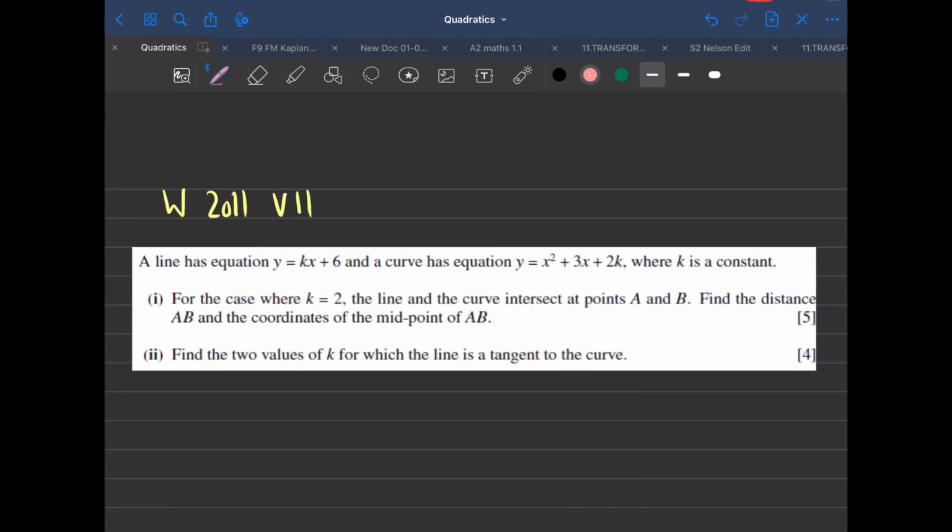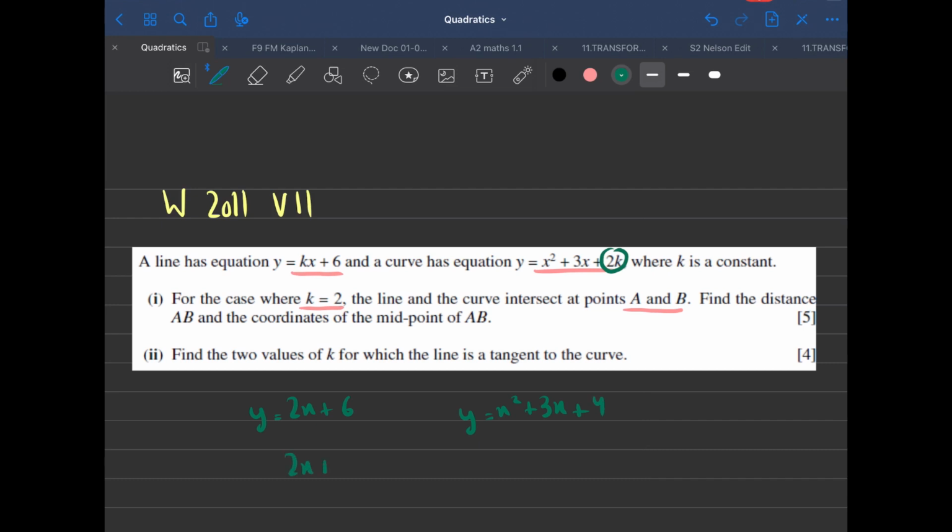So a line has this equation and this equation. They intersect at point A and B. And we know the value of k is what? 2. So let's plug in 2. y is equal to 2x plus 6. y is equal to x squared plus 3x plus 2 into 2 makes what? 4.